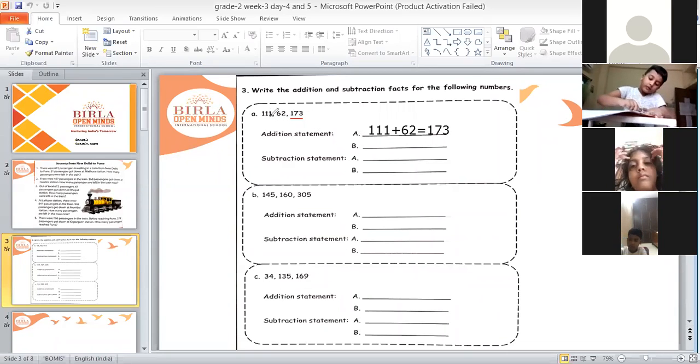I wrote these first 2 numbers. 173 is the biggest number. So what we did, we wrote that number after equal to sign, and only 2 numbers are left there, 111 and 62. So what we did, we put plus sign. We will put plus sign between this 111 and 62.